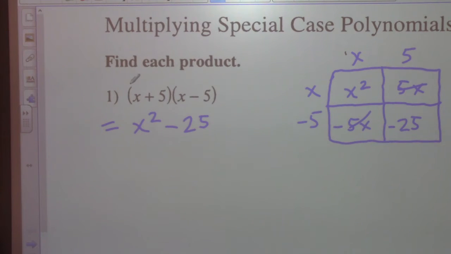So we multiplied, what do we call these things that we multiplied together here? These two things we multiplied together are called what? Is it binomials? Binomials, excellent. Nate, excellent work.